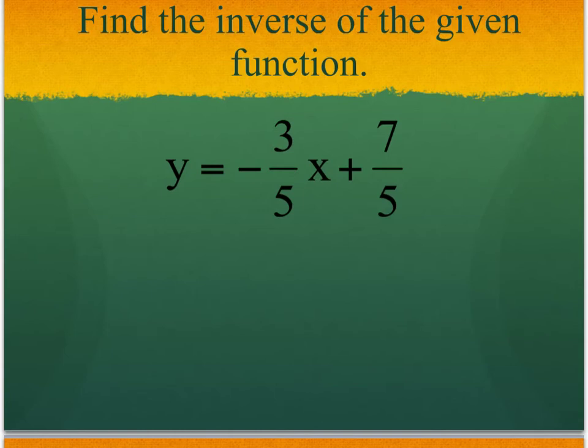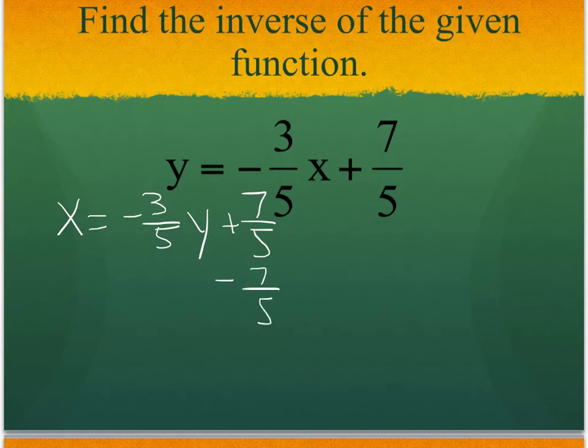This one is a little bit tricky because we have 2 fractions now instead of just 1. So we're going to switch around the x and y just like we did before. Let's do that. So we have x equals negative 3/5 y plus 7 over 5. And we're still going to go about the process just like normal.